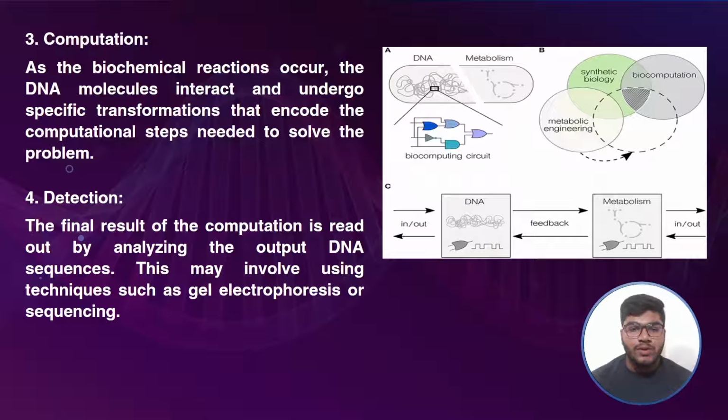This may involve techniques such as gel electrophoresis or sequencing. The process of biocomputing is given in a typical diagram, where the DNA metabolism, the DNA computation and the detection process are all shown.